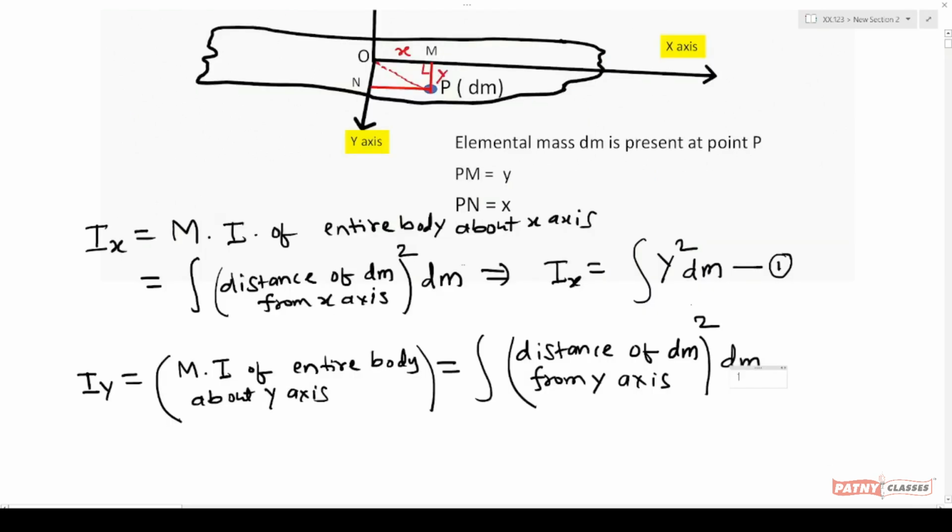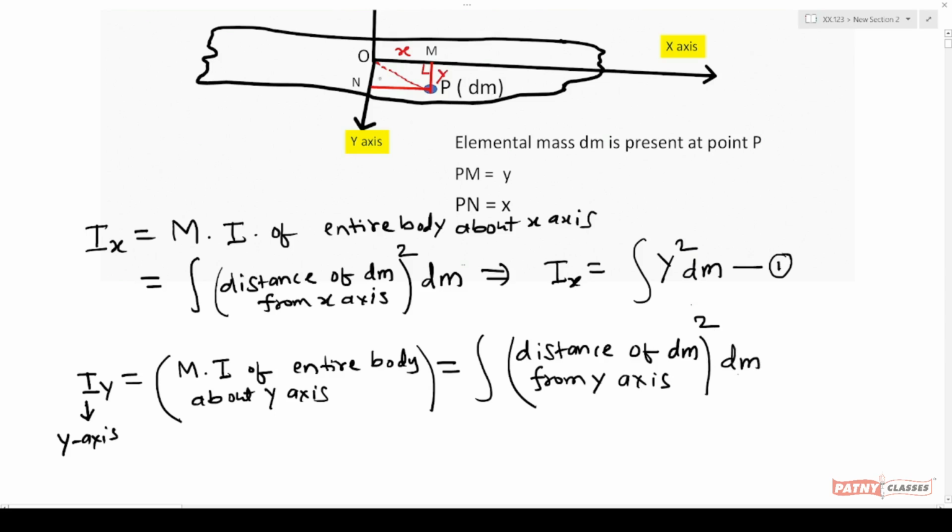Similarly, Iy is the moment of inertia of the entire body about the y-axis. That equals the square of the distance of dm from the y-axis multiplied by dm.